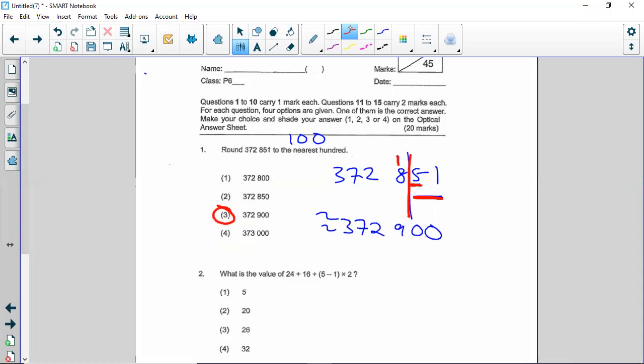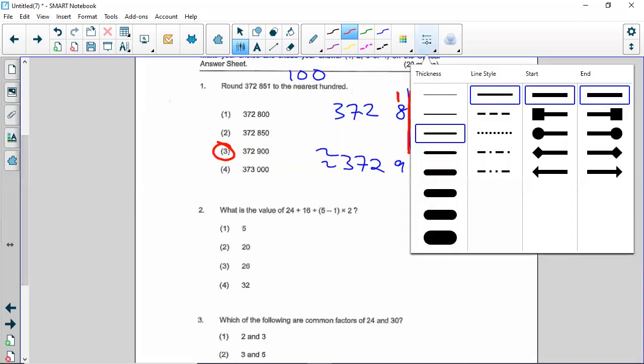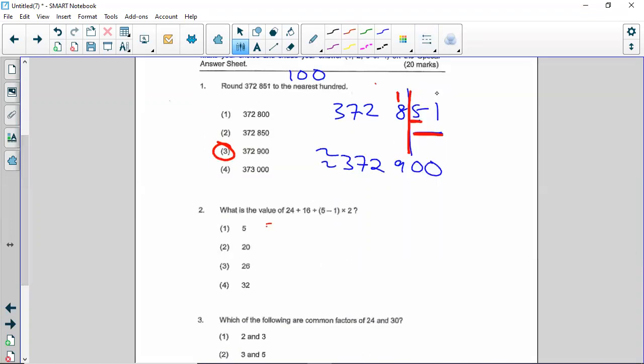Okay, question number 2, your 4 operations. So what do you do first? You have to do the bracket first, step by step. So this is how you do it. 24 plus 16 divide by, do the bracket first. You will see that Miss Tong will show the arrow sign. Arrow sign means you do that first, and then write out everything else the same. What do you do next? There's a plus, there's a divide, there's a times. You do the divide first, right?